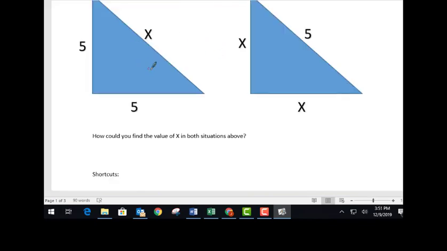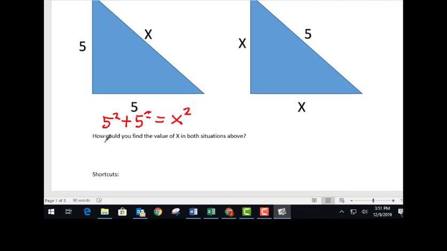All right, given these two scenarios, the way that you already know how to do it would be using the Pythagorean theorem, where I would say 5 squared plus 5 squared would have to equal x squared.